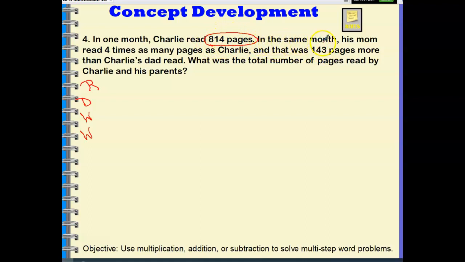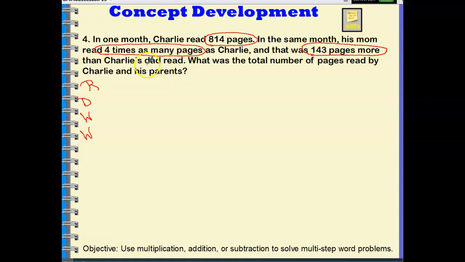In the same month, his mom read 4 times as many pages. So she read 4 times the amount of pages that Charlie read, which was 814. And that was 143 pages more than Charlie's dad read.